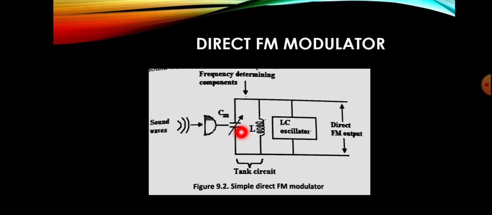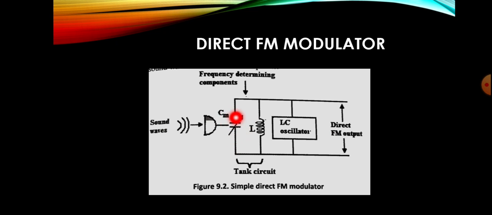This capacitor microphone contains two metal plates. You know the capacitor structure: two parallel plates separated by a dielectric material. Whenever mechanical energy is applied to this capacitor, the plate may move, or the distance between the two plates may change, so there will be changes in the capacitance value.